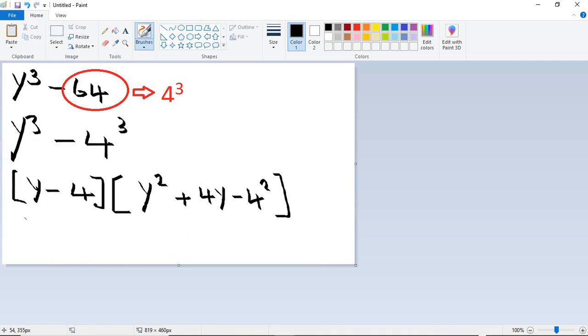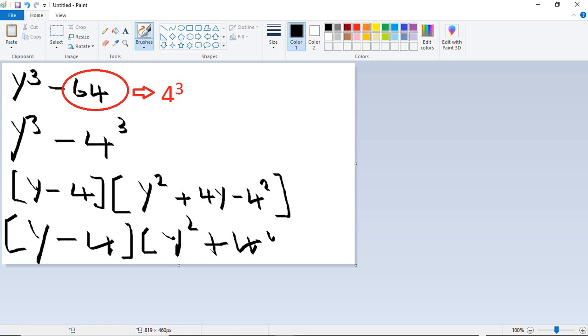Don't believe me? Please do confirm. So in other words, you can write this as 16, but I think it's much better for you to take it step by step and write it as 4 to the power of 2, and then from there you just simplify it further and say y squared plus 4y minus 16, and then close bracket.